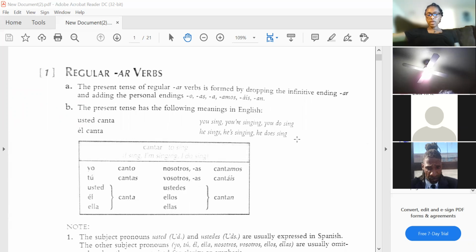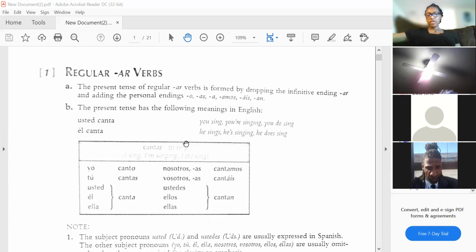Right. So when we conjugate a verb, and I skipped over that, this word cantar is an infinitive, and infinitives are what represent verbs in Spanish. When we say to do something in English, in Spanish that is called the infinitive. There are three kinds of infinitives, and they end in AR, ER, or IR. That's how you can recognize a verb.